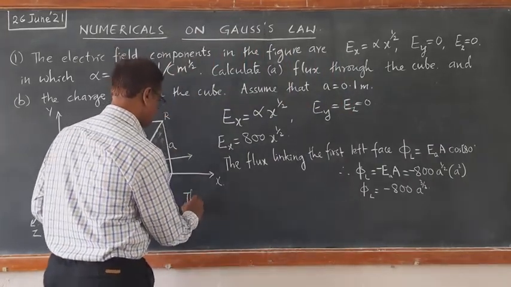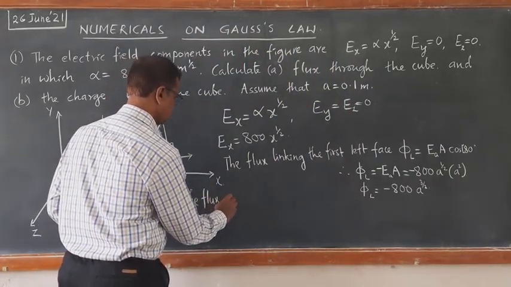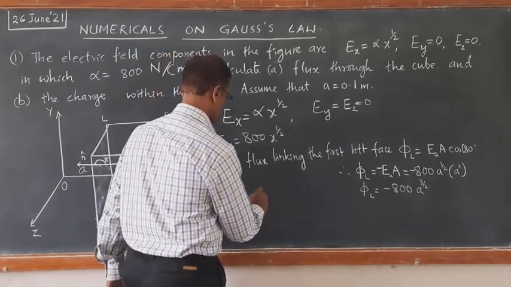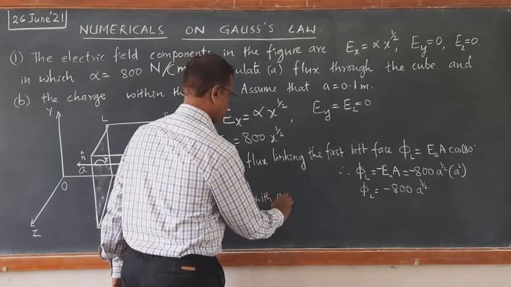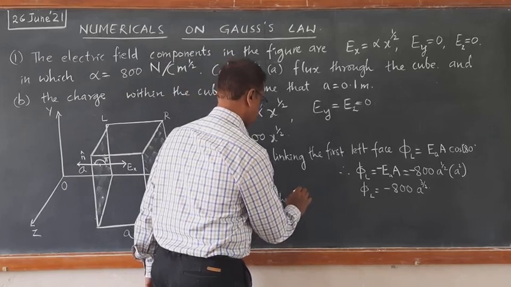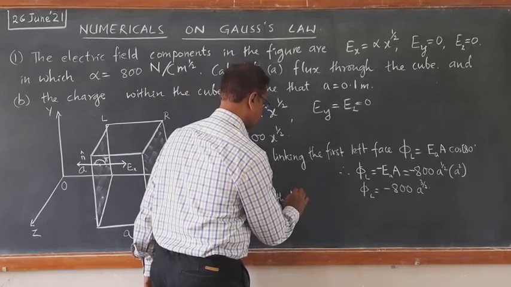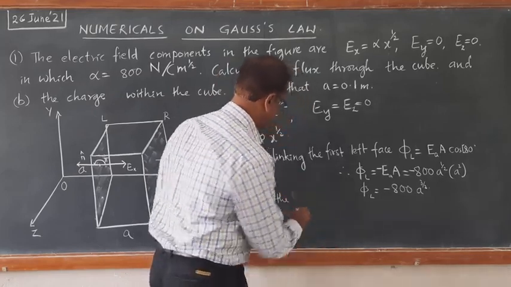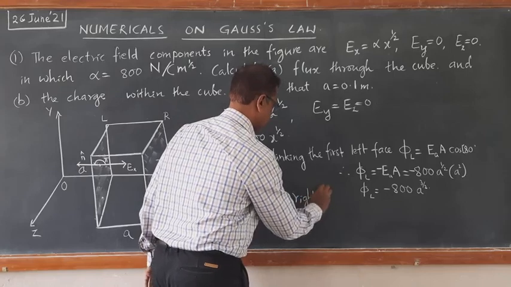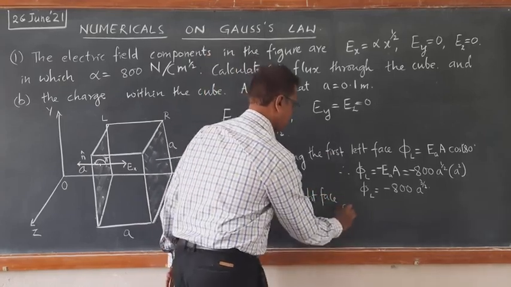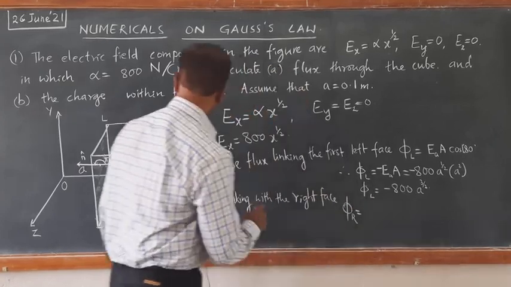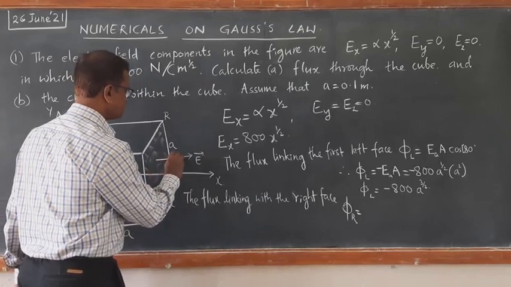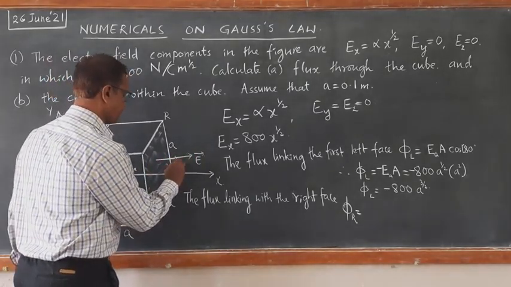Similarly, the flux linking with the right side face, I will write it as phi R. Now you look at it, the electric field is acting in this direction and the outward normal is also in the same direction, n cap.